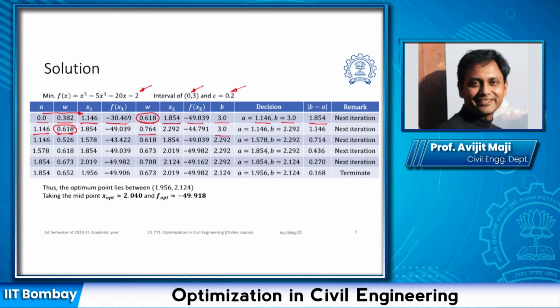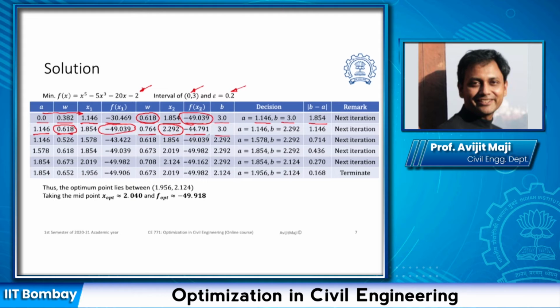So the corresponding objective function value, we can reuse in this case, which was negative 49.039. We are retaining it here. So we need to find out the objective function value at the new point which we have obtained in this iteration, which is 0.764, and the corresponding x point is 2.292, and the objective function value is this.